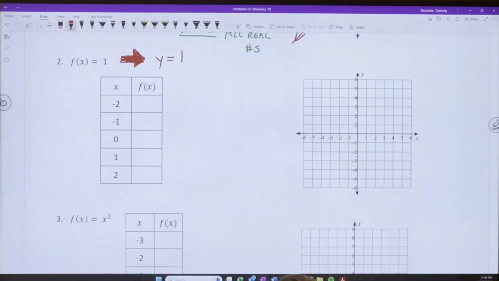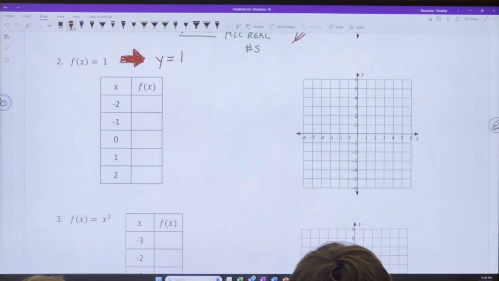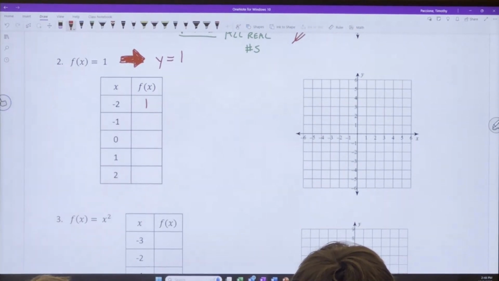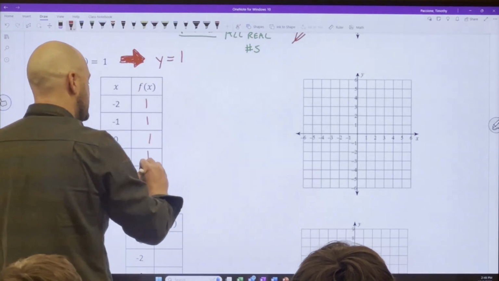This tells me that no matter what, what is y? 1, right? y = 1. Bottom line. Doesn't matter what x is, right? So what about when x is -2? What is y? 1. Negative 1, what is y? 1, it's 1. It just says it's 1, that's all it tells us, right?